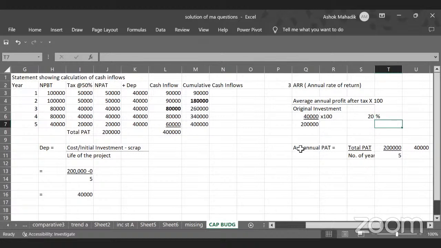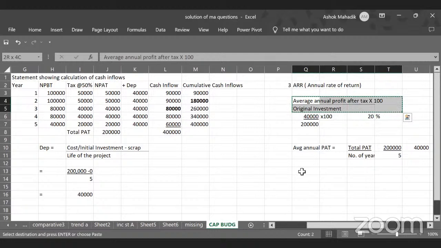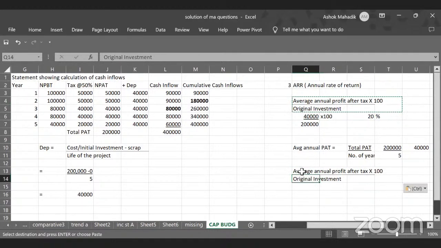Now, if we had to use average investment instead of original investment, the formula will change a bit. I'll just put the formula here. Instead of original investment, it will be average investment.